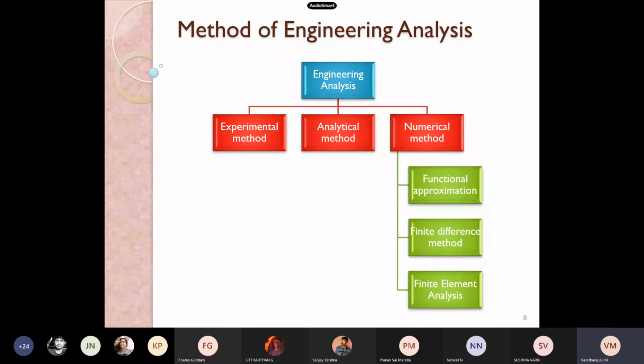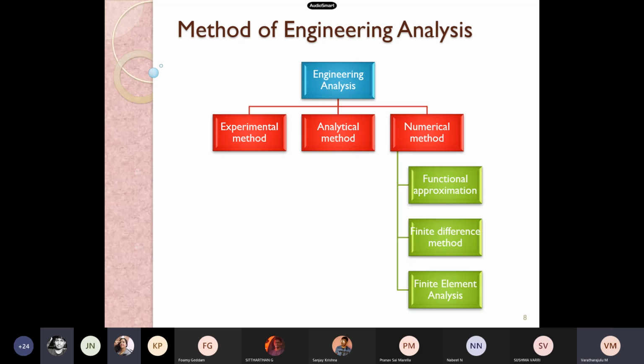If a designer, what was the major problem with the experimental method? Do you think what was the problem with this older method of doing analysis? If it is so good, what is the loss? Yes. A lot of cost.